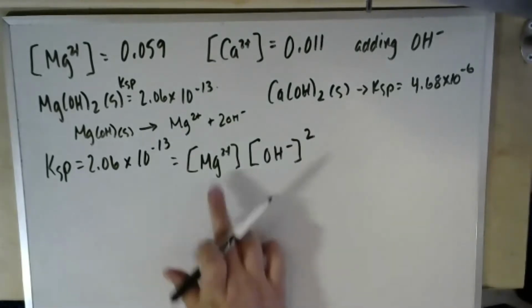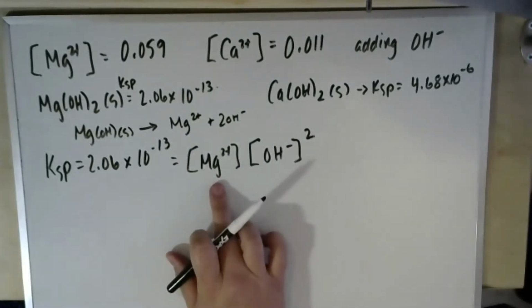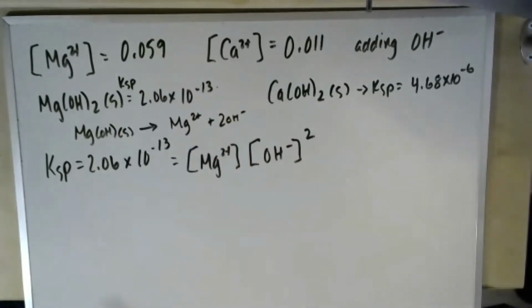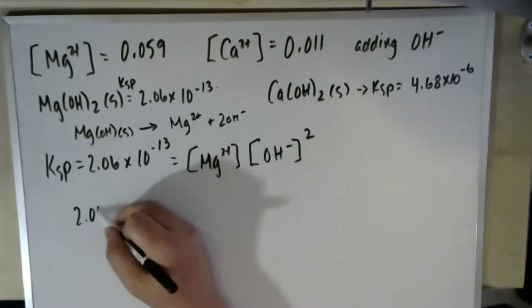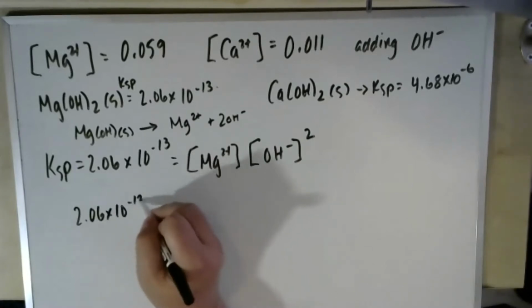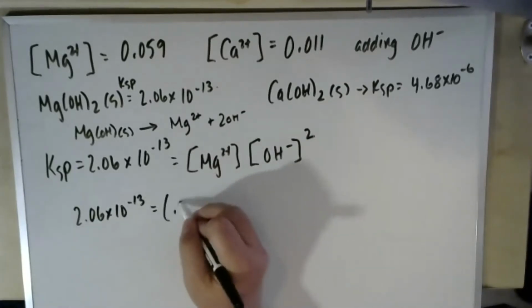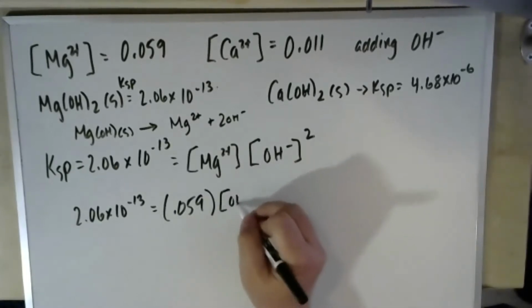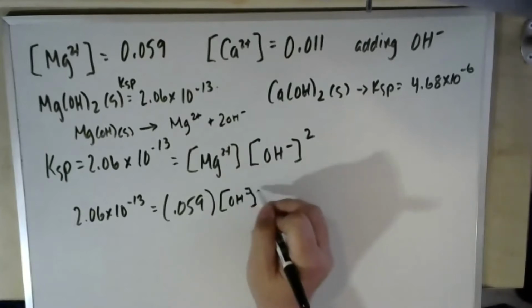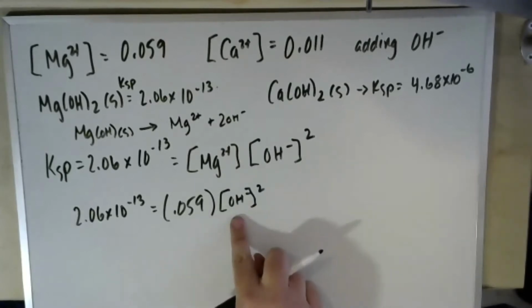Okay, but we have a value that we can plug in for the magnesium ion. They gave it to us in the question. So we see that 2.06 times 10 to the negative 13 is going to equal 0.059 times OH- squared. So we can solve for OH-.